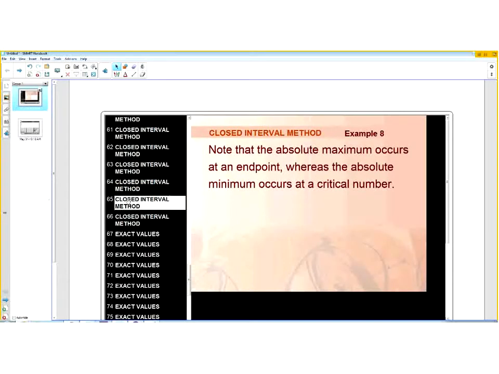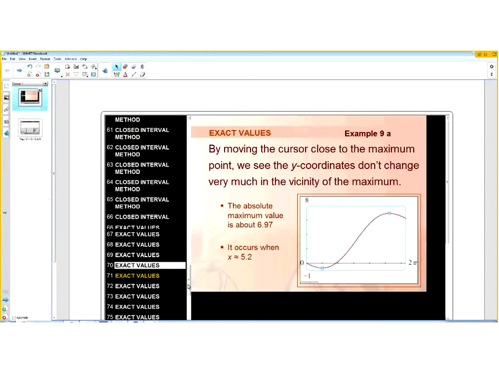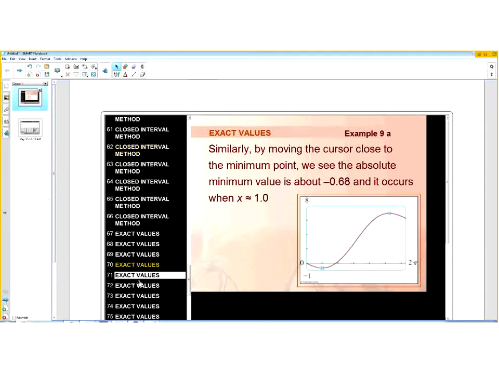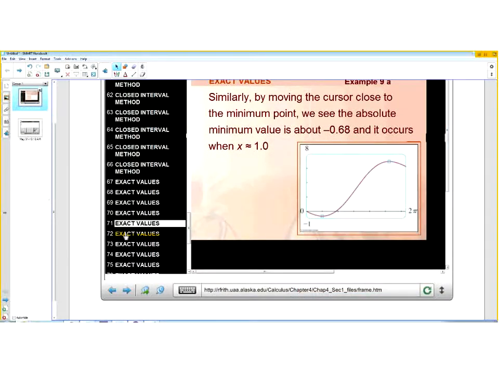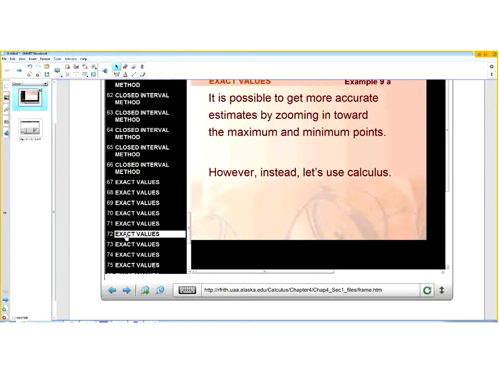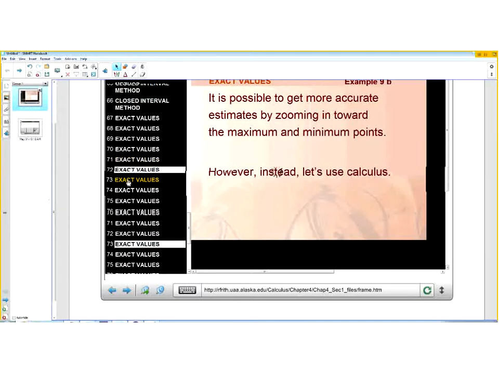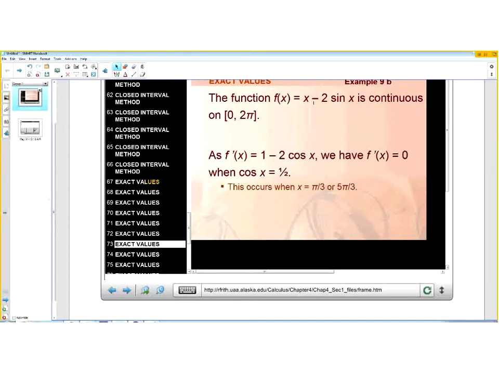Okay, and so the absolute maximum, oops, why am I going backwards here? Oh, I see what the problem is. 72. All right, so the alternative part of this question was to use calculus to calculate those values. So f of x equals x minus 2 sine x is a continuous function on the closed interval 0 to 2 pi.